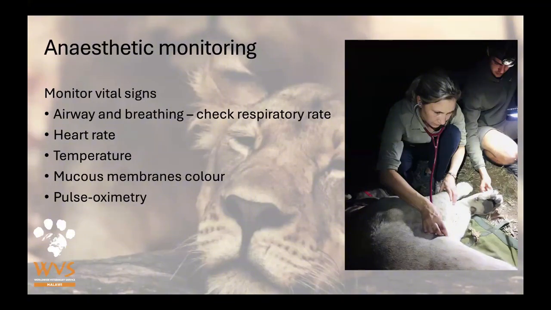It's very important to actively monitor and manage the lion's body temperature. Usually it's hyperthermia, that they get too hot, and then we need to look at cooling techniques. We can check the mucous membrane color, and we use pulse oximetry to check the SpO2 levels as well.